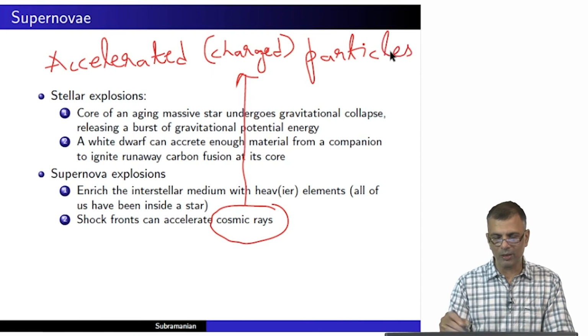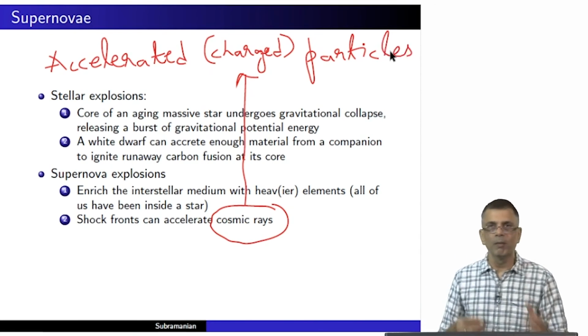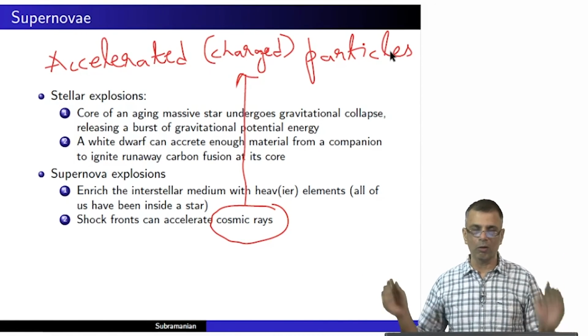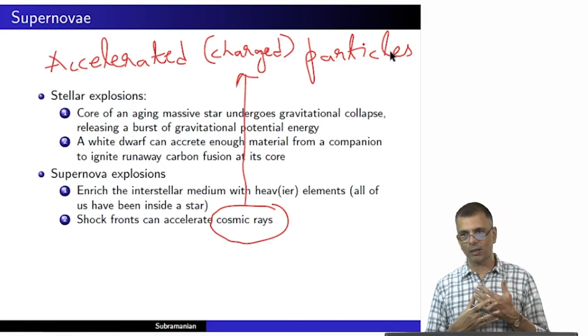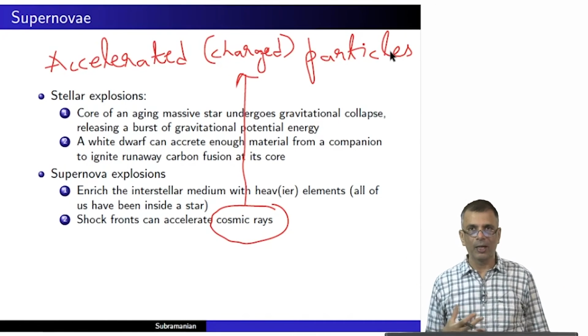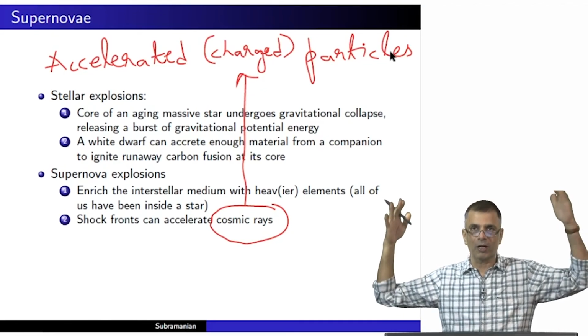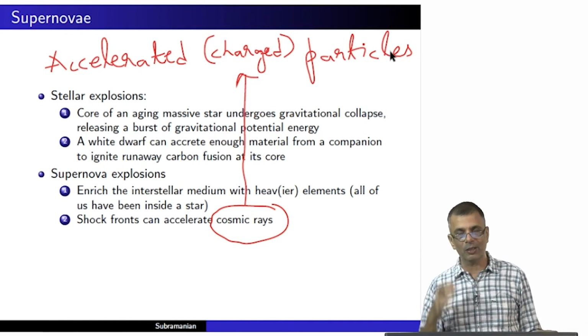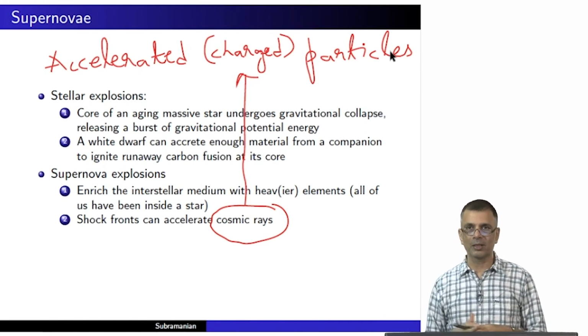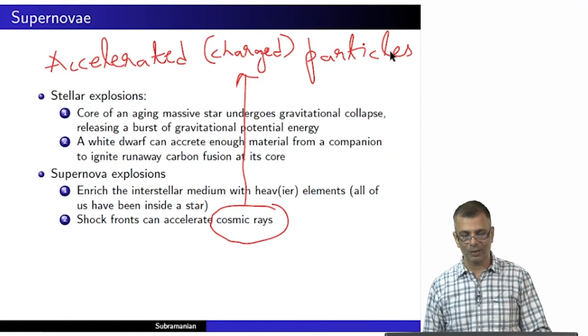And it turns out that these accelerated charged particles permeate us all over. Cosmic rays are ubiquitous. They're everywhere. Okay, as we speak, the Earth is bathed in a shower of cosmic rays, and cosmic ray detectors on the Earth detect them all the time. There's a constant rain of cosmic rays on us.